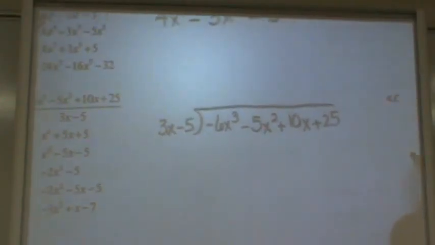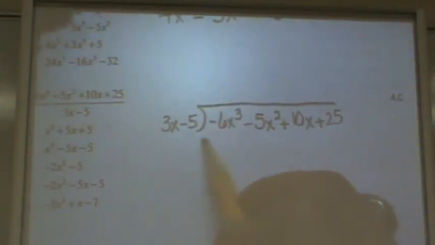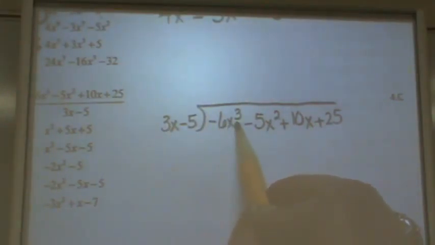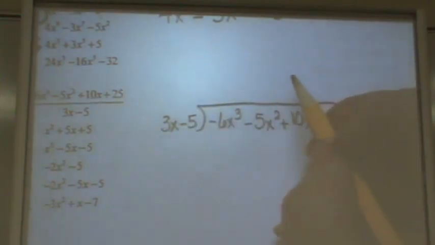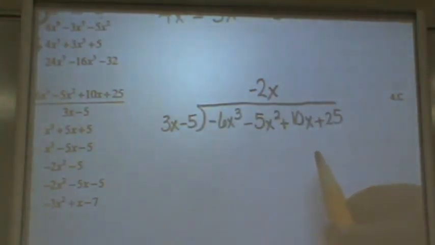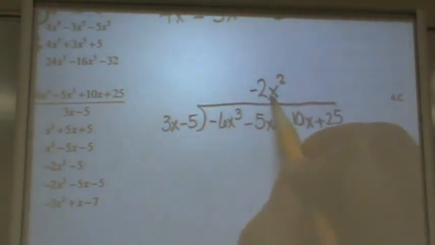Okay, so if you recall, when we do division, our job is to figure out 3x times what is going to give us a -6x cubed. We want a -6. So 3 times -2x, and we're going to write squared because we want to multiply these two to get x cubed.